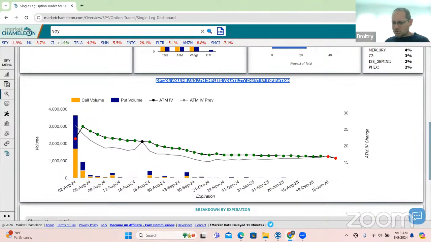So what's going on now is that this term structure, the way it's looking now, is not a usual normal term structure. That term structure indicates that there's something unusual going on right now in the market. There's less liquidity and an unusual amount of volatility expected by the market.